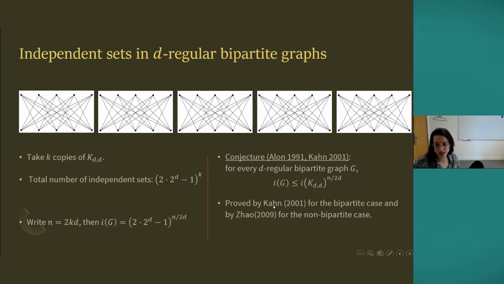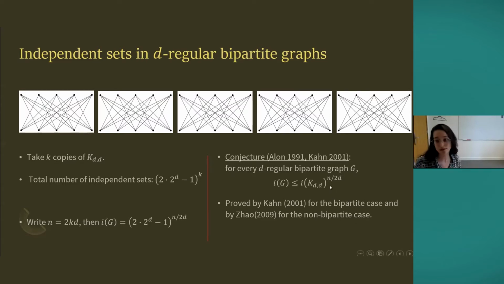I'll just mention that Kahn's result is really elegant, and I will not have time to show it here, but I really encourage you to read it because it's a very nice use of the entropy method. So we know that we have an upper bound for the total number of independent sets in every d-regular bipartite graph, which is this.